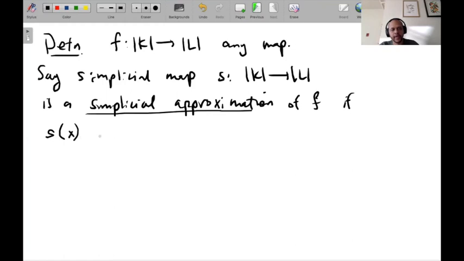S of x is in the carrier of f of x for all x.